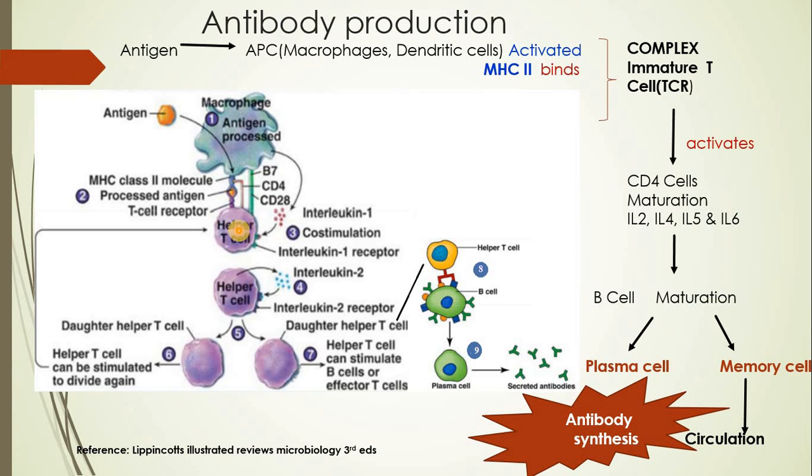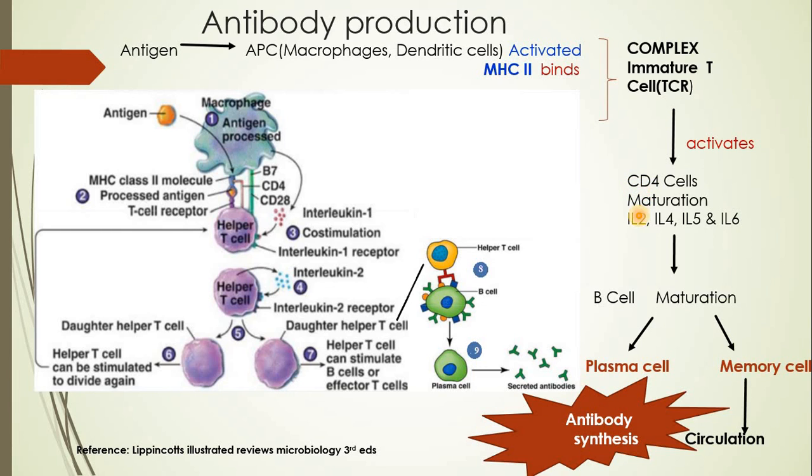and it will enter into the phase of maturation. Once it enters into the phase of maturation, there is release of biological secretions in the form of interleukins, namely interleukin 2, 4, 5 and 6, right? Now these interleukins, interleukin 1 to 6, are secreted only with the help of activated T cells, that is CD4 cells or helper cells.